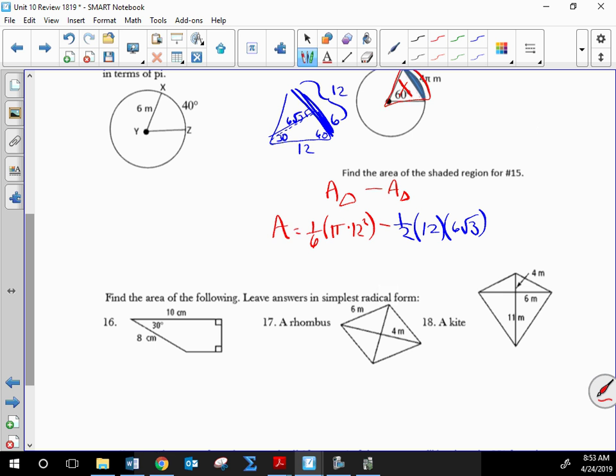Half of 12 is 6, times 6 root 3. So 1/6 of pi times 12 squared is 24 pi, minus 36 root 3. That'll be, I think, square meters.